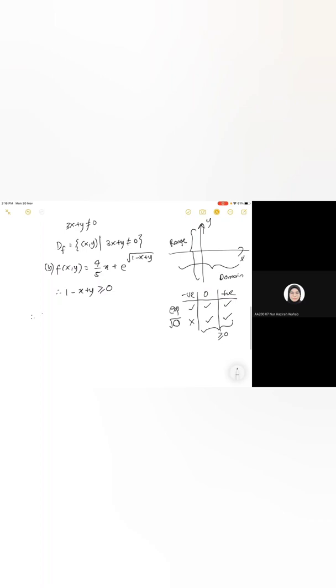So your domain here again is xy in which 1 minus x plus y greater than or equals to 0. Ataupun dalam soalan tu dia dah permudahkan lah, dia akan jadi y minus x greater than or equals to negative 1. Okay, negative 1 ni dia bawa ke sana, dapatlah this one. Either one, sama saja.